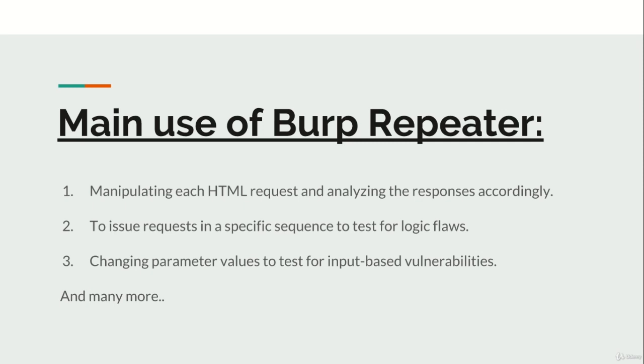Then you can keep issuing requests in a specific sequence to test for any application logic flaws. And the third thing is, you can also change parameter values to test for input based vulnerabilities. There are too many vulnerabilities of that kind.